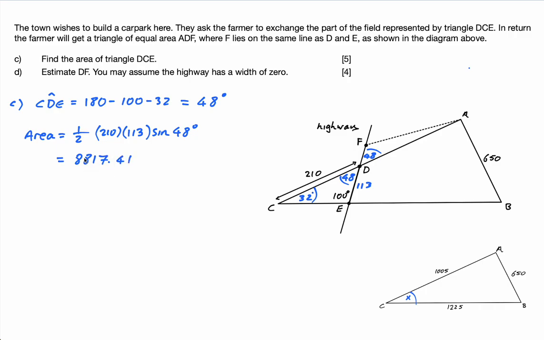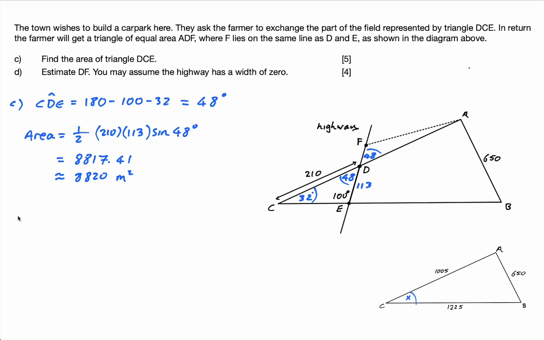You can write it to 3 significant figures if you want. 8,820 to 3 significant figures. And this is, guys, meters squared because it's area. Okay, now, would you not agree that that's a pretty easy 5 marks?